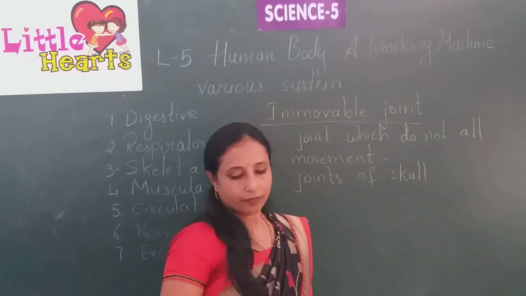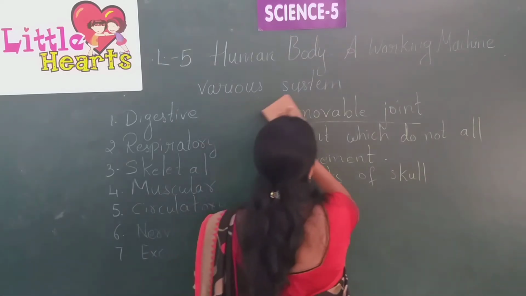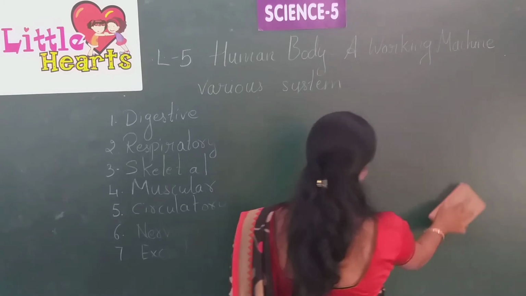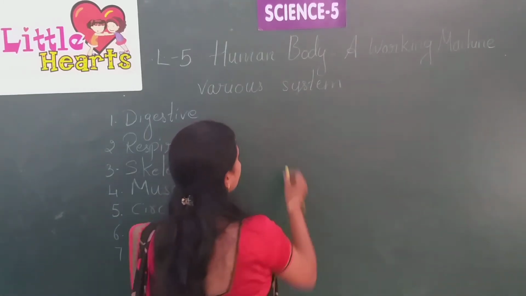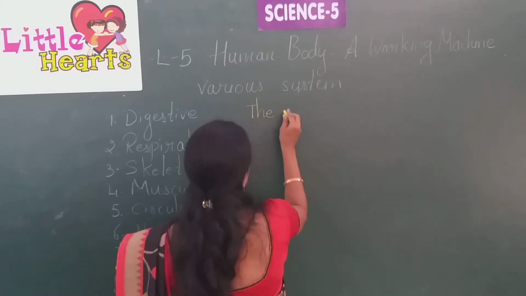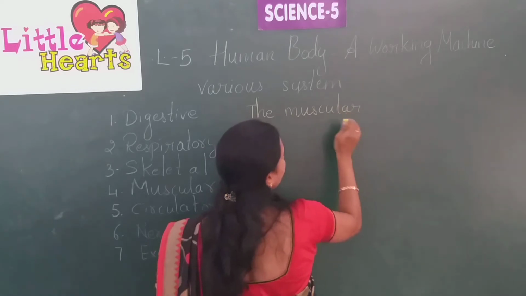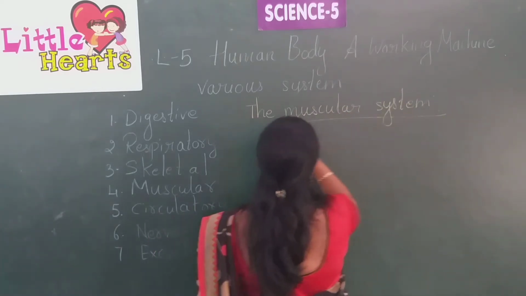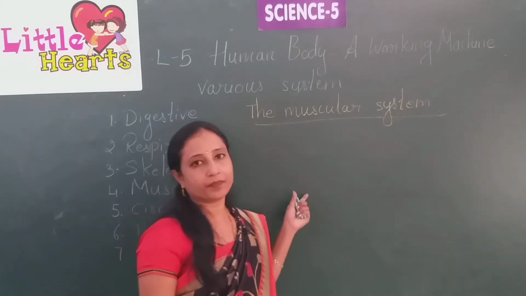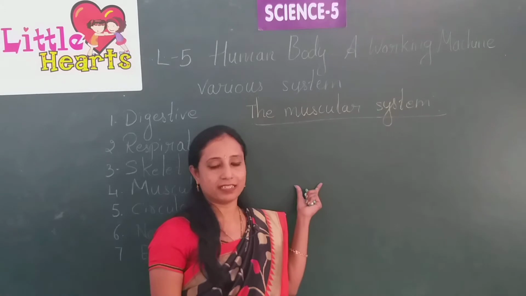Okay. So we'll go to the next system, that is the muscular system. What is the muscular system? The system which consists of different types of muscles.